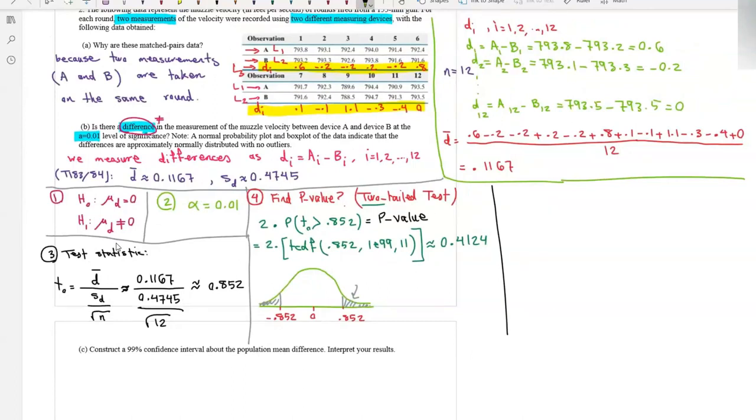Okay, then step 5, compare the p-value with alpha. So p is 0.4124 and our alpha was 1%. The p-value is not less than alpha. Do not reject, meaning that there is no difference.